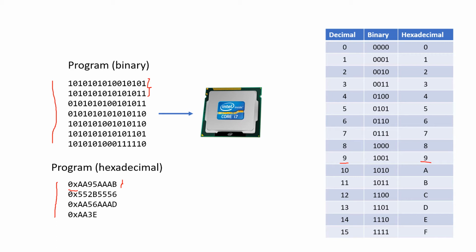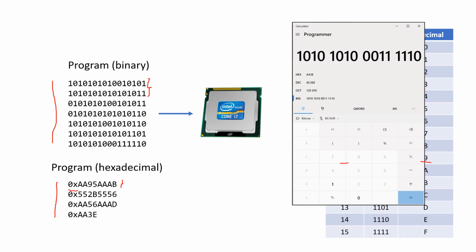If you are using Windows and you open the calculator, you can translate between binary and other notations. If you click on the button on the top, you can change it to programmer mode. Then you see that it will translate to hexadecimal, decimal, so your school numbers, octal, and binary. So you don't actually need to know how to translate by hand; you can use the calculator.